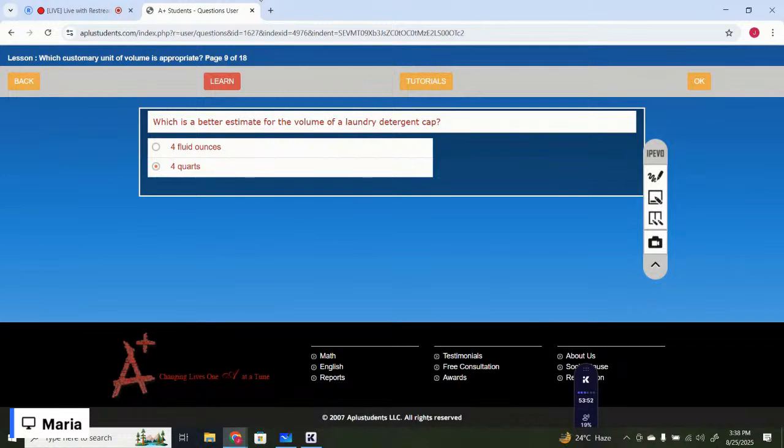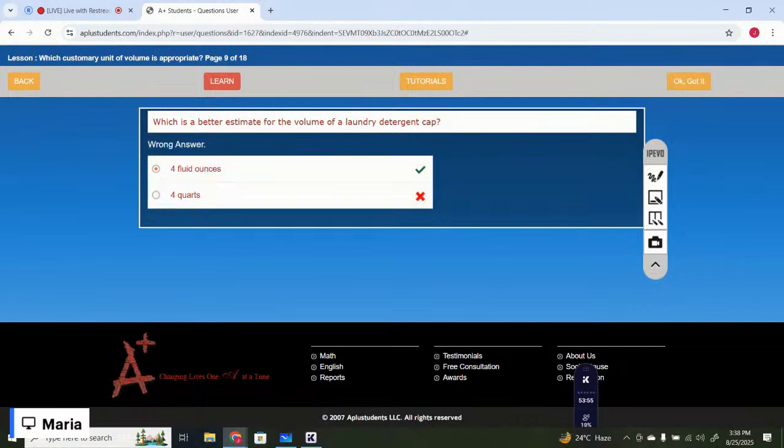Option number 2 is the correct option. That would be 4 fluid ounces.